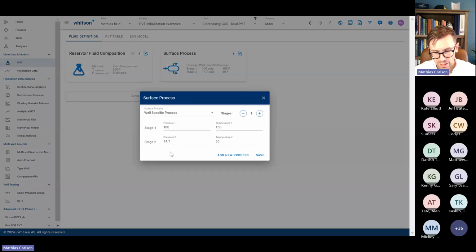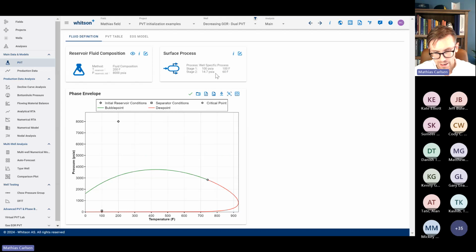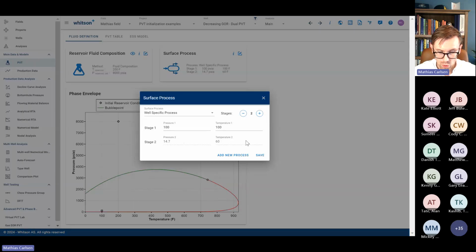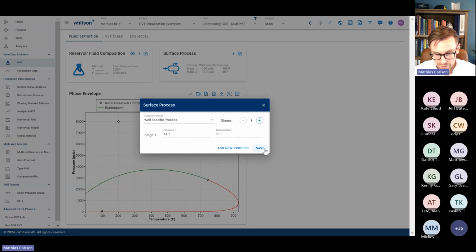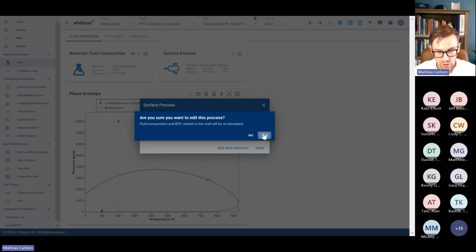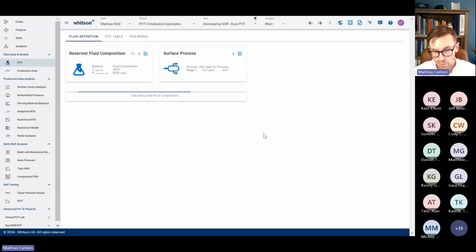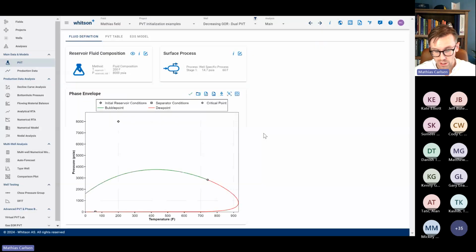And let's say I go in here and reduce a stage. I make this either a single stage or a two-stage, so I can remove a stage. This becomes less efficient, and I can recalculate. Then we can see whether my formation volume factor goes up or down. I went from a two-stage to a single stage, a less efficient process.